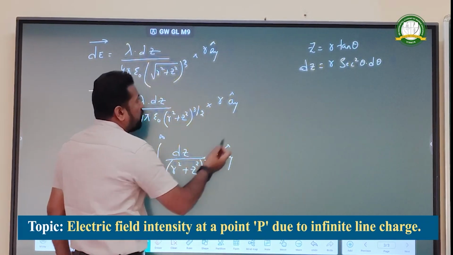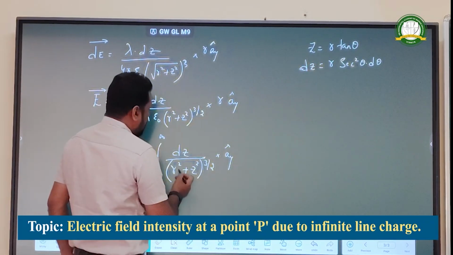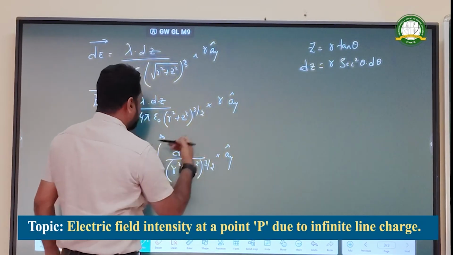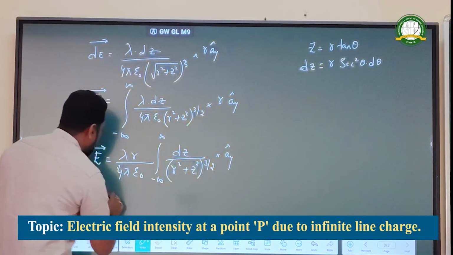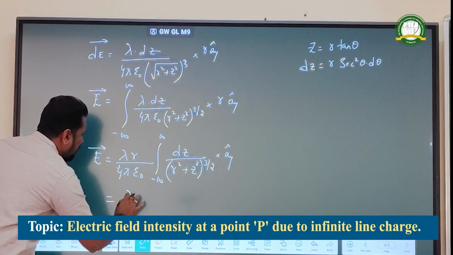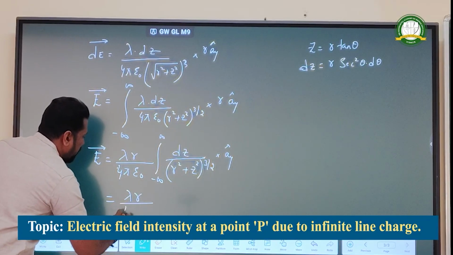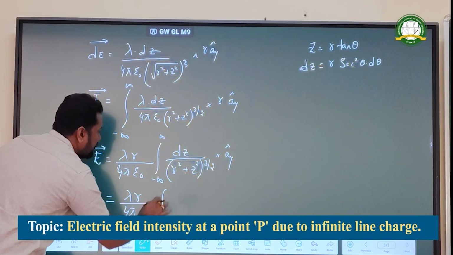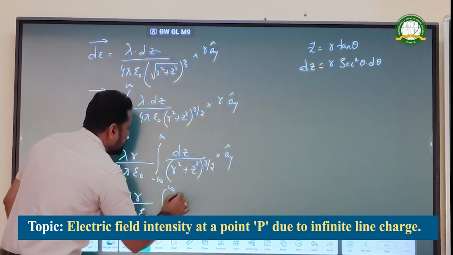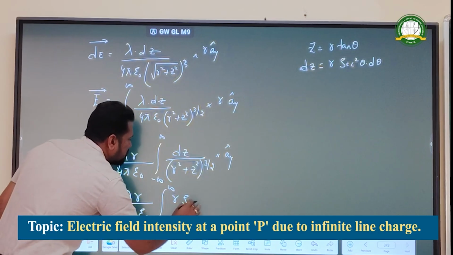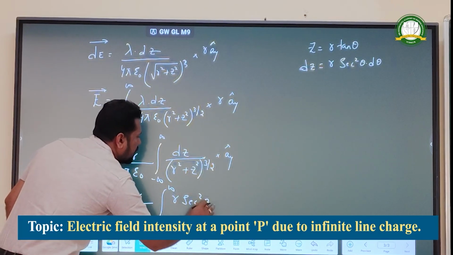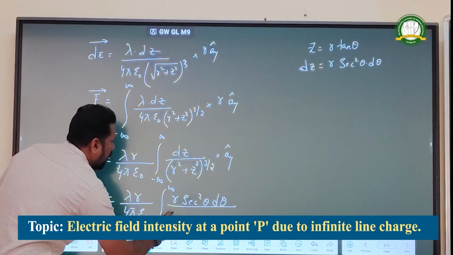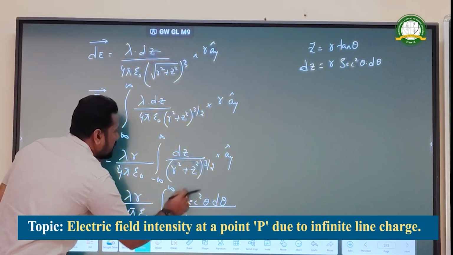So again from this, z is equal to r tan theta. By substituting that, we get lambda r divided by 4 pi epsilon naught, integration from minus infinity to plus infinity, dz is r secant square theta d theta, divided by r square plus z square.